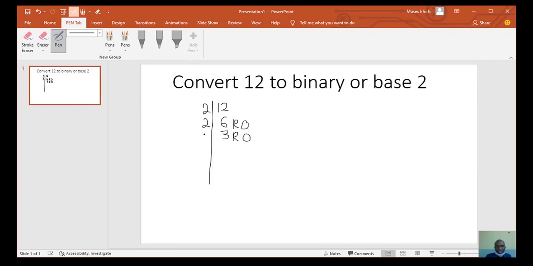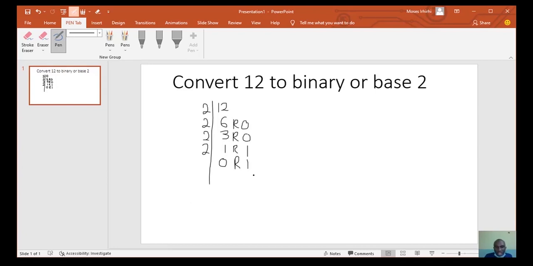Now I'll go again. 3 divided by 2 will give me 1, remainder 1. And 1 divided by 2 will give me 0, remainder 1, because we didn't use it. 1 divided by 2 gives me 0, but the one we divided will still be there, remainder 1.